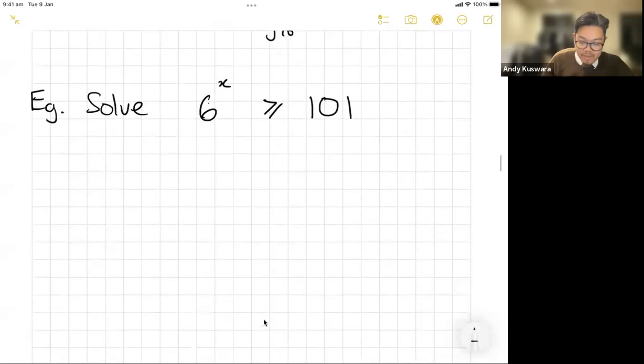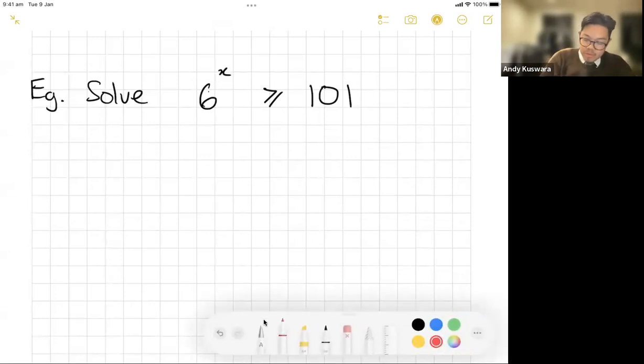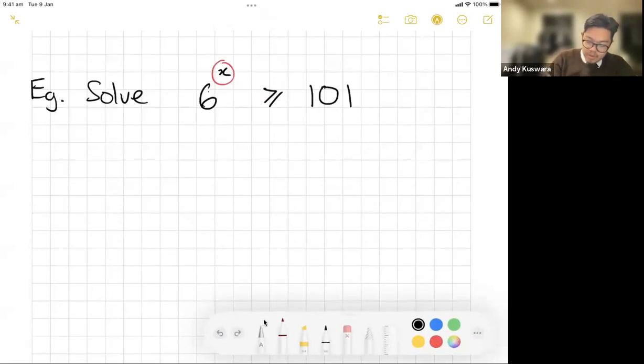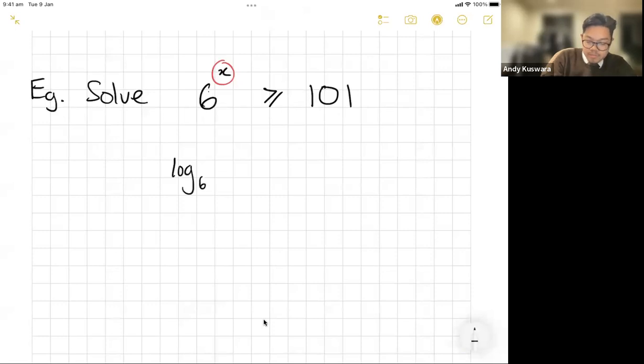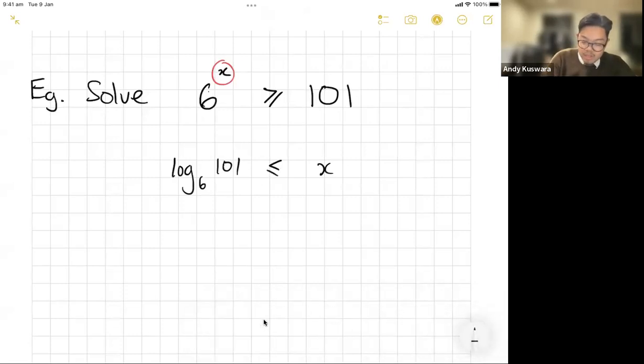And of course, it will also work for inequalities. You just have to be careful with how you move things around. Now, I want you to take special note here. The x is on the greater side of this inequality. So if I was to rearrange it, normally I would write log of my base, which is 6, my numeral is 101, and normally we'd write it as equals x, but I want you to take note here. x will have to be on the larger side because x is on the larger side.